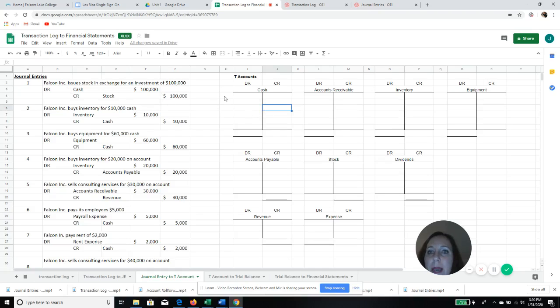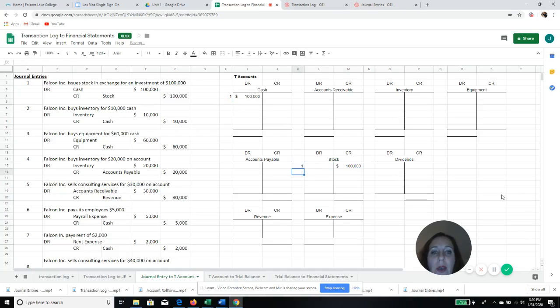Transaction number 1, we debited cash for 100,000. So I'm going to start by writing transaction number 1 here so I can always go back and check and make sure I have everything. There we go. We also increased stock with a credit.